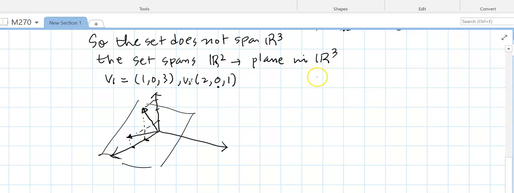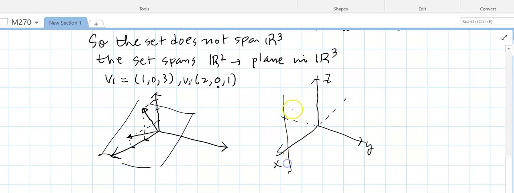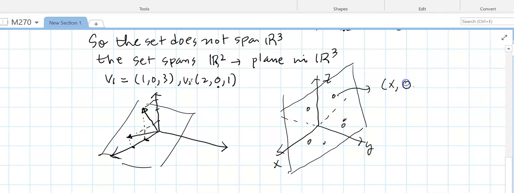That means this plane is the xz plane. This is y, this is x, and this is z. Whatever point you choose, the y coordinate is always 0.